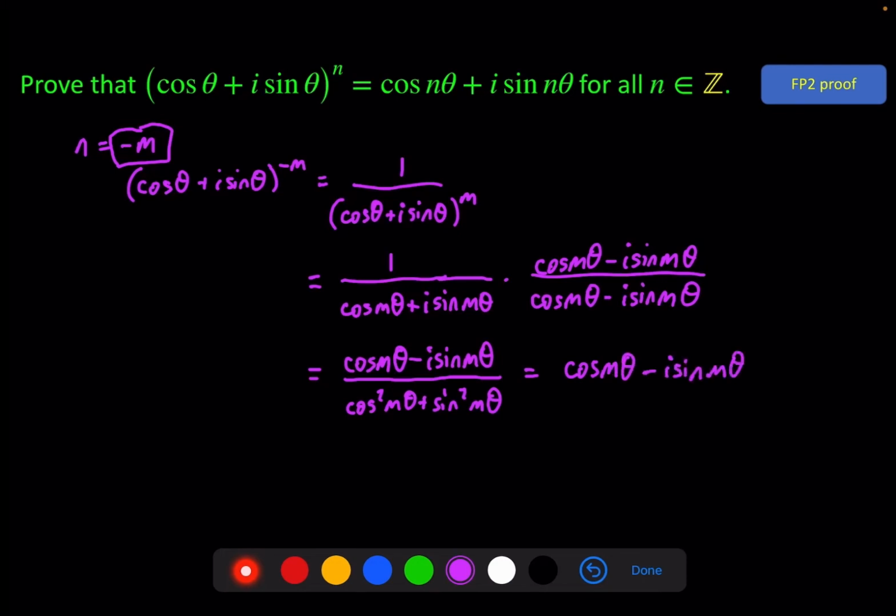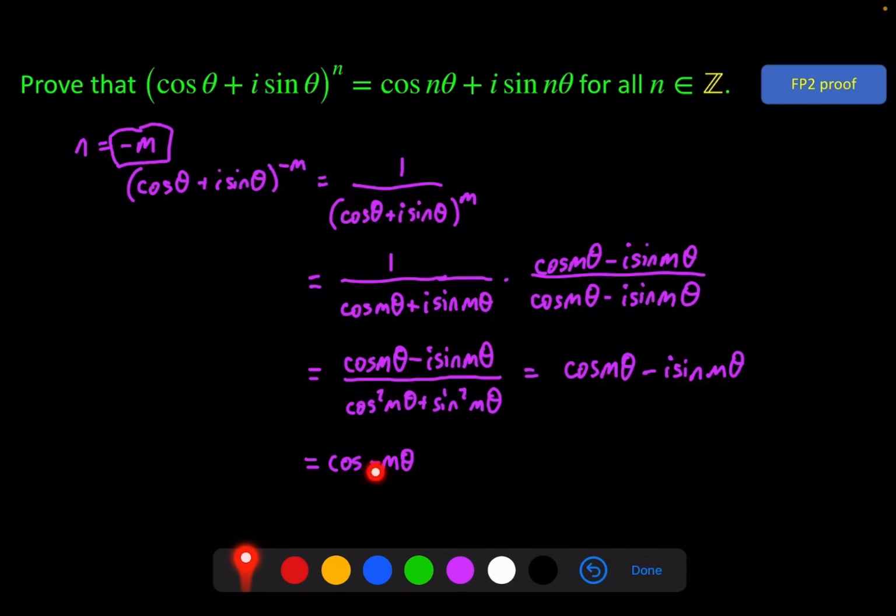which is not quite what we want, but we do also know another trig thing, and that is that cos m theta is the same as cosine of minus m theta. So I can just change that into that, and minus sine of something can change to plus sine of the minus that thing.